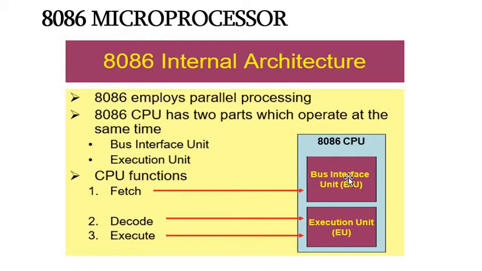To perform any function within this microprocessor, it will undergo 4 CPU cycles: fetch, decode, execute and store. So the instructions which will be available on the memory will be taken during the fetch cycle, and it is decoded as machine understandable language and kept ready for execution, and the execution will be performed in the ALU unit, which is available in the execution unit.